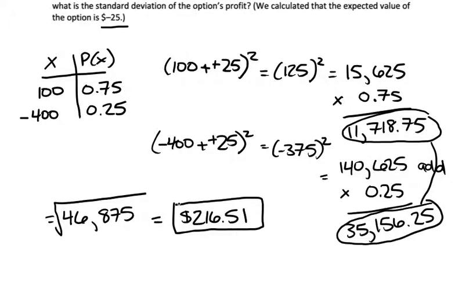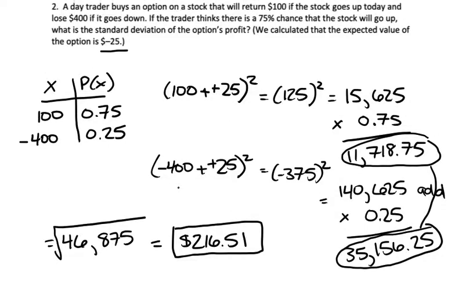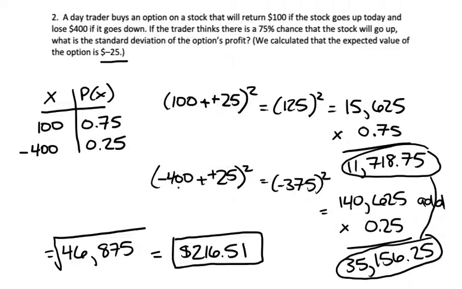Now, what this standard deviation tells me is it's pretty big, especially in comparison to the expected value. Now, we already know that we don't want to do this option because our expected value is negative.